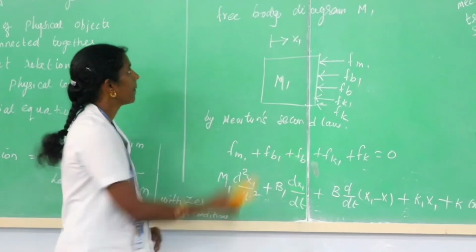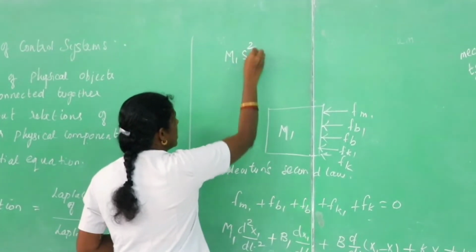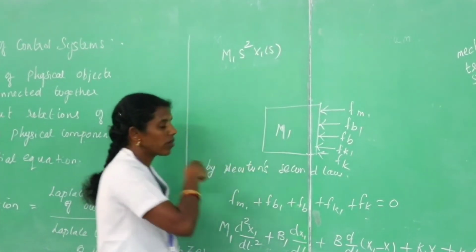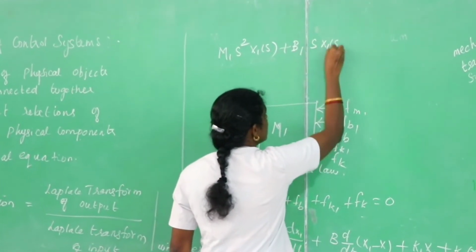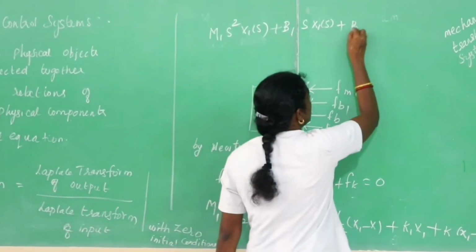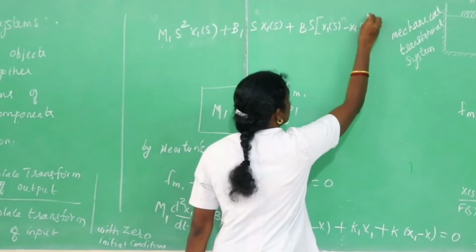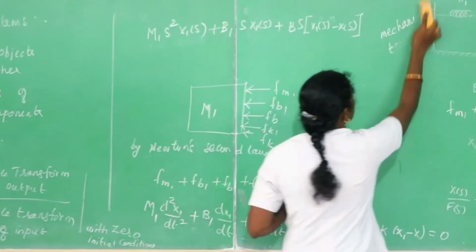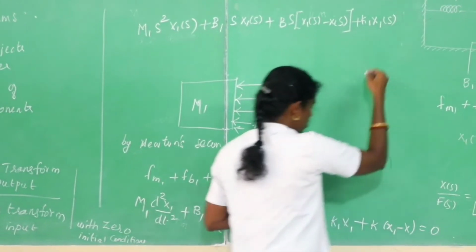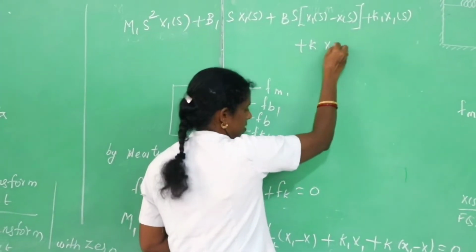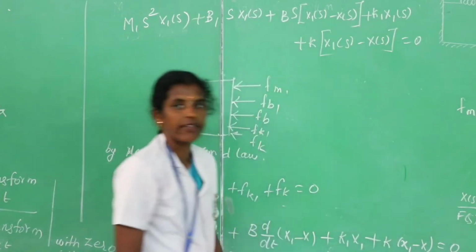After taking the Laplace transform, this equation becomes m1 s square X1 of s plus b1 into s into X1 of s plus b into s into (X1 of s minus X of s) plus k1 into X1 of s plus k into (X1 of s minus X of s), this is equal to 0.